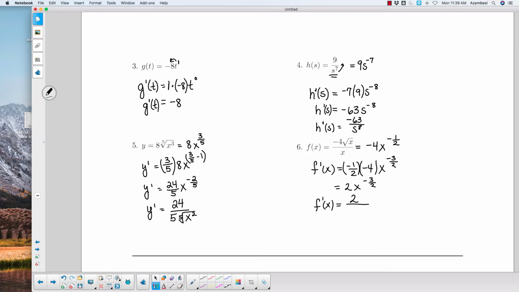On the bottom, I have the square root of x cubed. Square root, not cubed root. And there's my derivative.